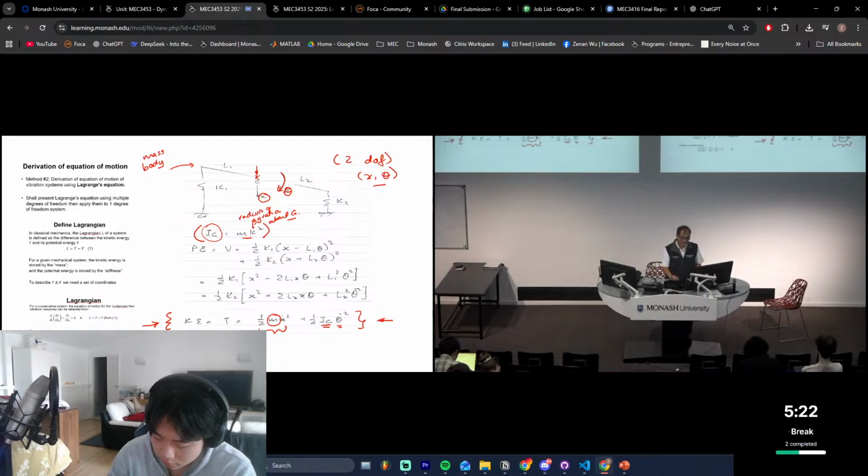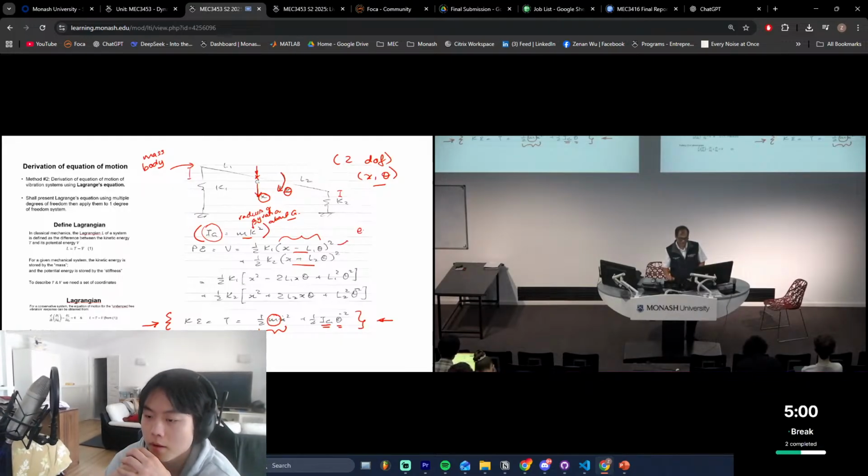Now, because I know that this is moving at the center of mass by an amount of x, I will be able to work out what is the displacement at k1 and k2. x, and the way that it's been rotated, this will give me the extension or the deflection of the spring.